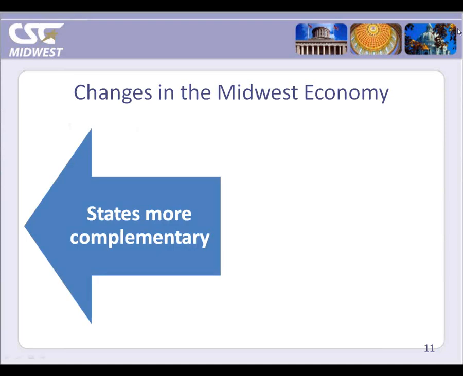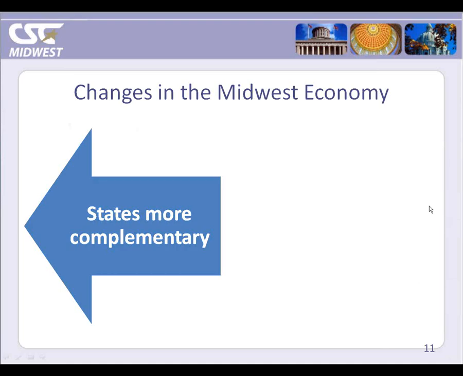But at the same time this has happened, we have found two very apparently contradictory things happening. At one and the same time, our states are becoming more complementary. Complementary in the sense that they are more dependent upon each other. At the same time, they're also becoming much more competitive. And that competition is coming about from the fact that the production chains that we are seeing evolving in the Midwest are becoming much more integrated. But at the same time, the states are competing to try to capture those components of that value chain.